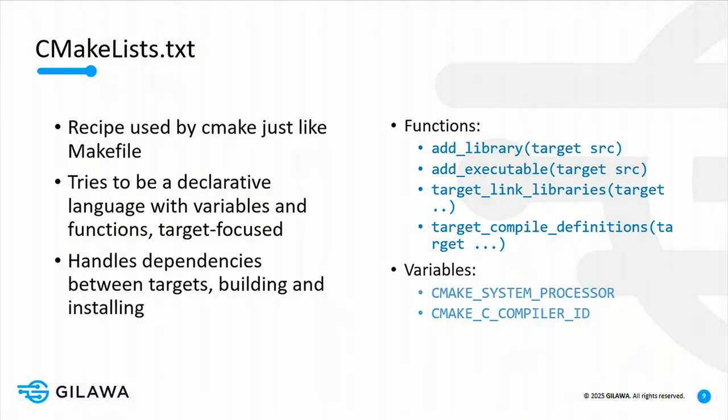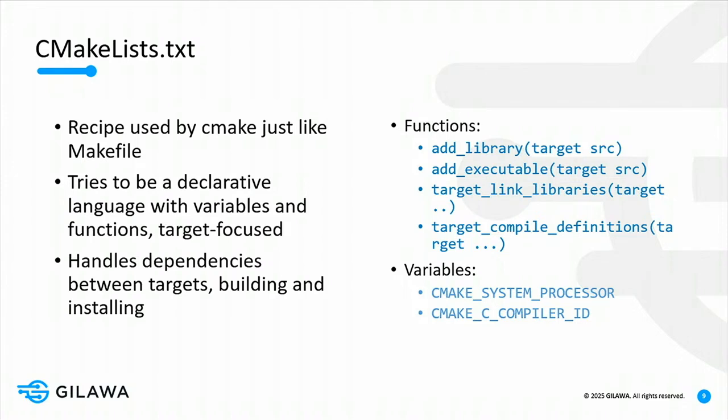So, the heart of the cmake system is the CMakeLists.txt file. It's the analogue of a Makefile. It's the recipe used by cmake, just like a Makefile. It tries to be as declarative as possible, with variables and functions that are target-focused and try to define most of the properties, options, and definitions per target, so as not to pollute maybe external dependencies we have, or if we bring in some other GitHub projects, we don't pollute their definitions and so on.